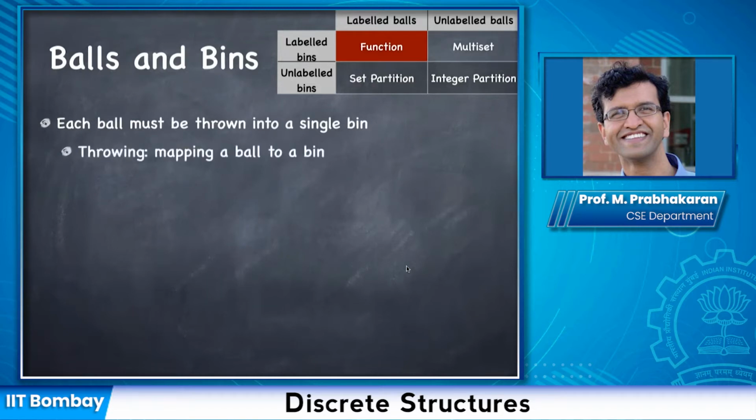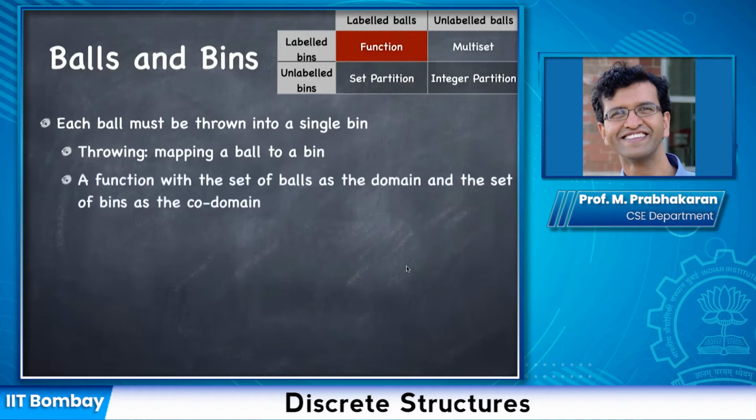So what you're doing by throwing all the balls is mapping each ball into a bin. So that is a function from the set of balls to the set of bins. Okay, so that's what throwing all the balls into this given set of bins means.